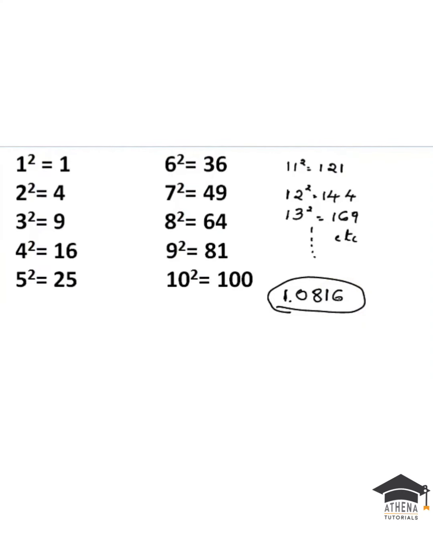We will check the last digit and see whether it is a perfect square or not. See, here 6 is the unit digit, it is in units place.